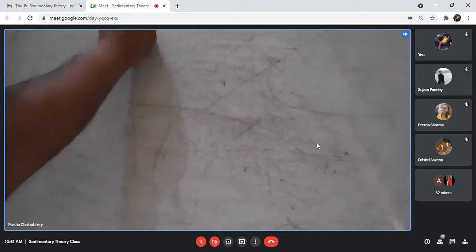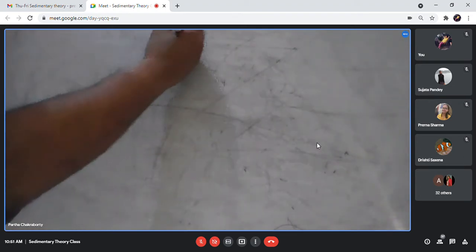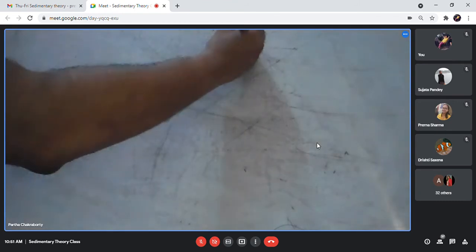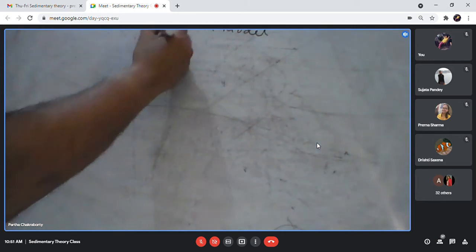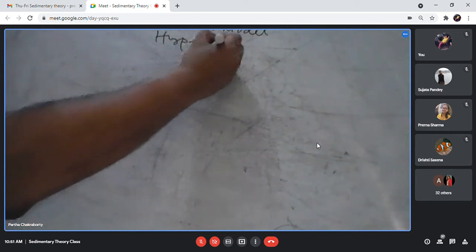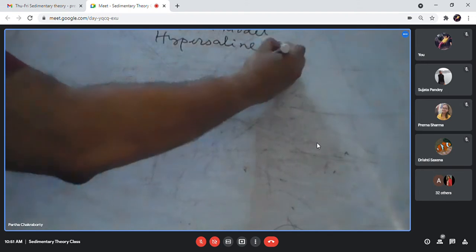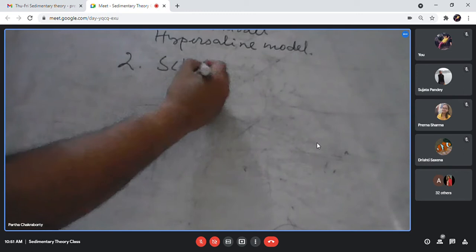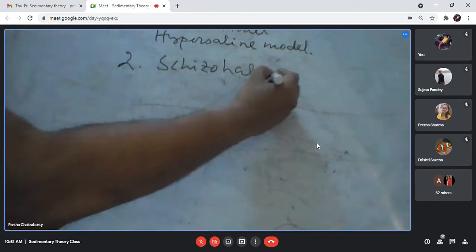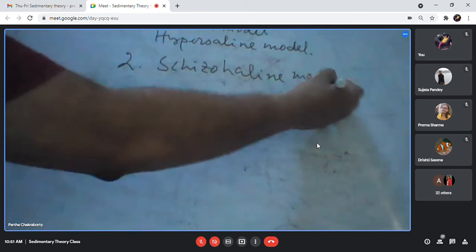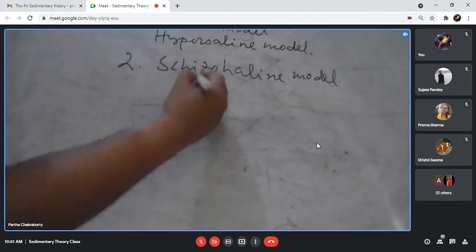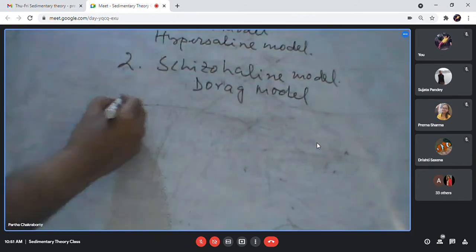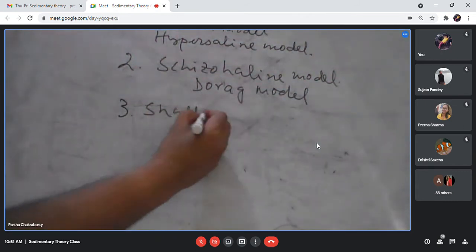So three different models. One is the Sabkha model, or what we call the hypersaline model. Number two is the schizohaline model, which is also referred to as the Dorag model. And number 3, shallow subtidal.